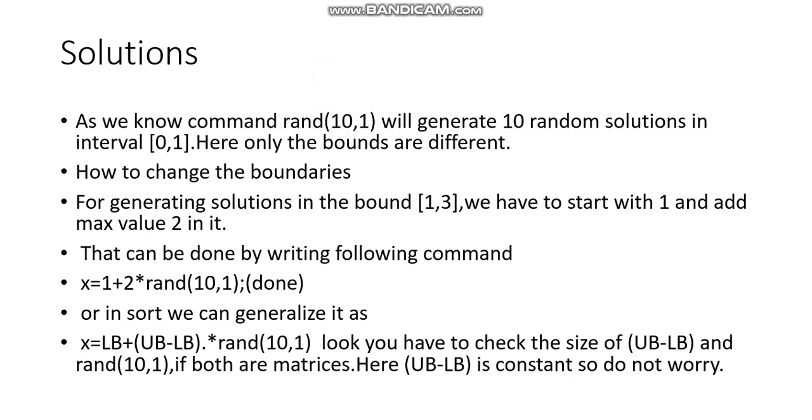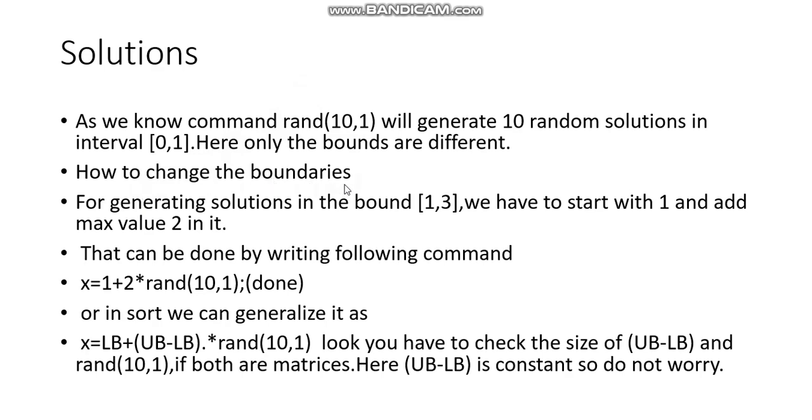But that command will give you 10 random solutions in the interval 0 to 1, bounded by 0 and 1. But here you can see the boundaries are different. So we have to modify this instruction so that we can fulfill the given boundary condition.